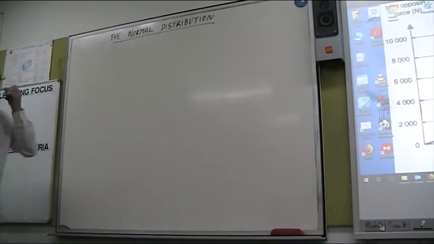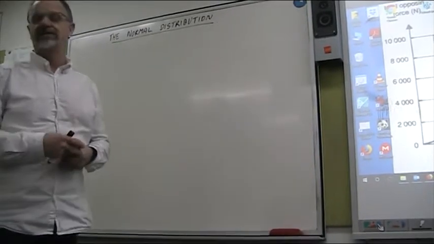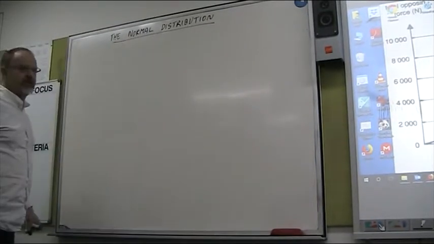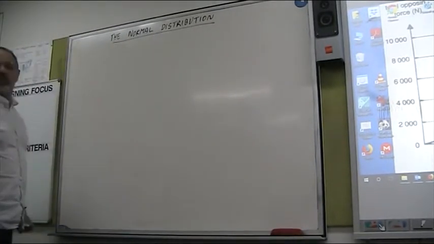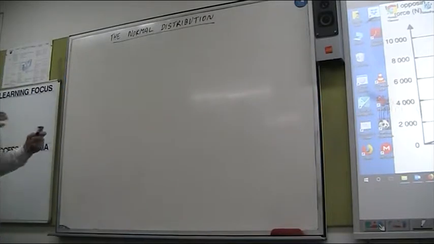All right, thank you. So today we're looking at the first part of the normal distribution, just defining what it is. So the normal distribution works for continuous random variables and also when there's a large amount of data.